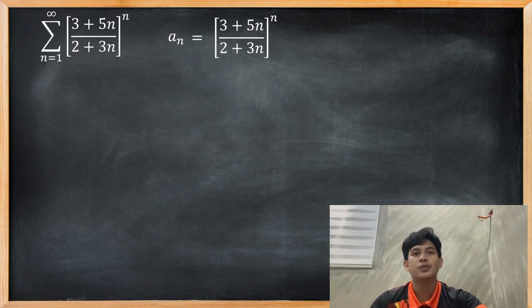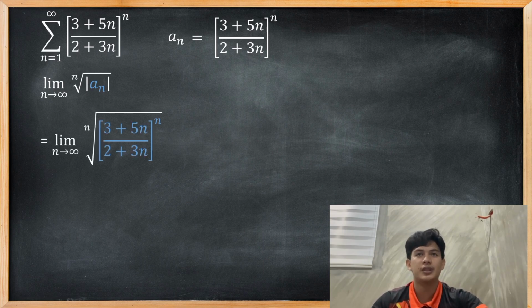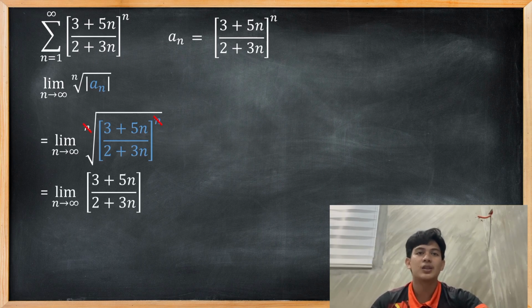Since we already have a sub n, we use the next formula, the limit of the nth root of a sub n. We just substitute it. The result is the limit of the nth root of (3 plus 5n) over (2 plus 3n) raised to n. Since we have an nth root and it is raised to n, we can cancel it out. Next, we get a result of (3 plus 5n) over (2 plus 3n).